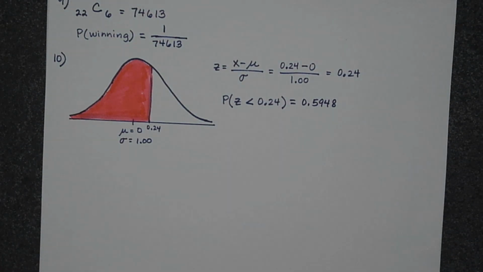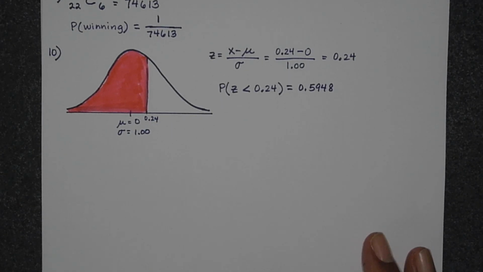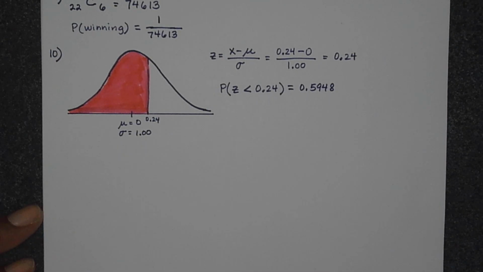So that represents the probability of randomly selecting a thermometer with a temperature reading less than 0.24 degrees Celsius. Are there any questions about number 10?